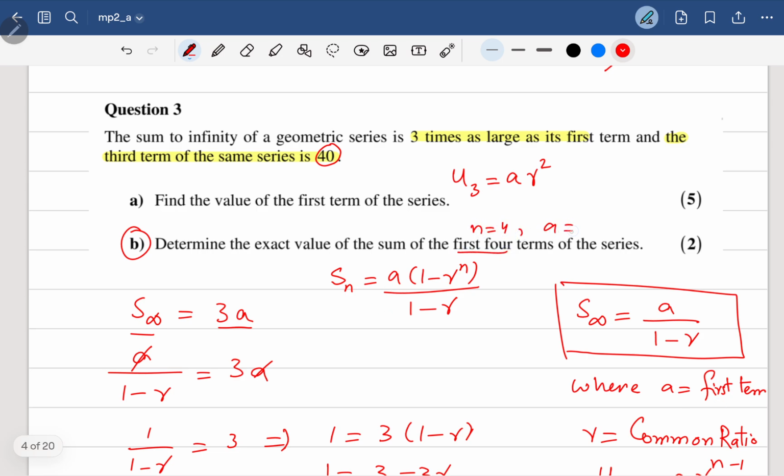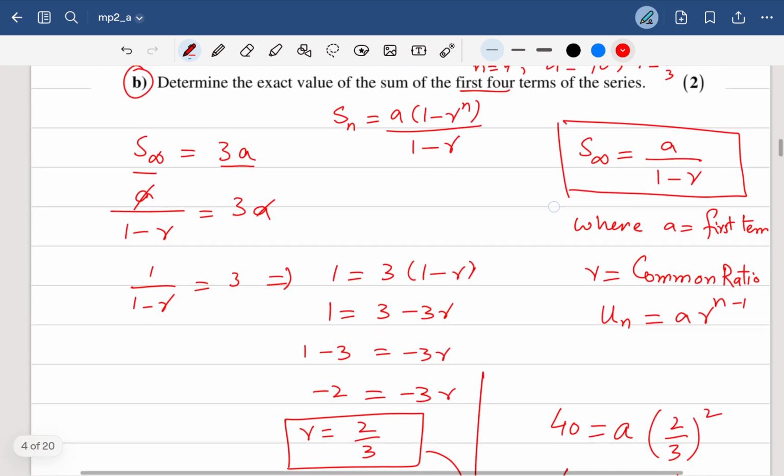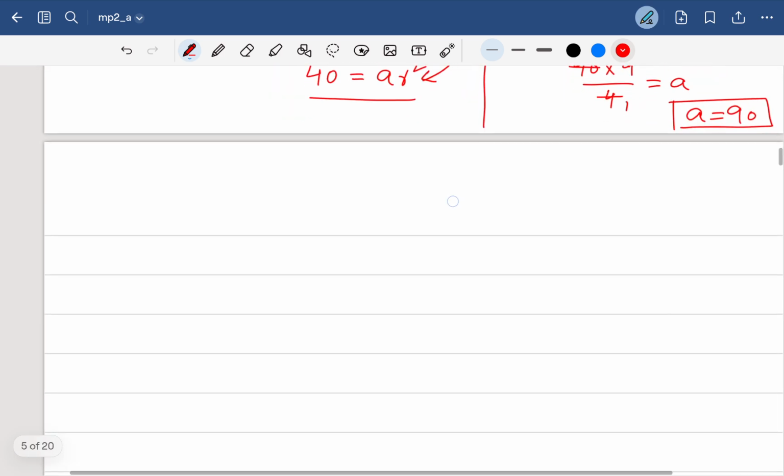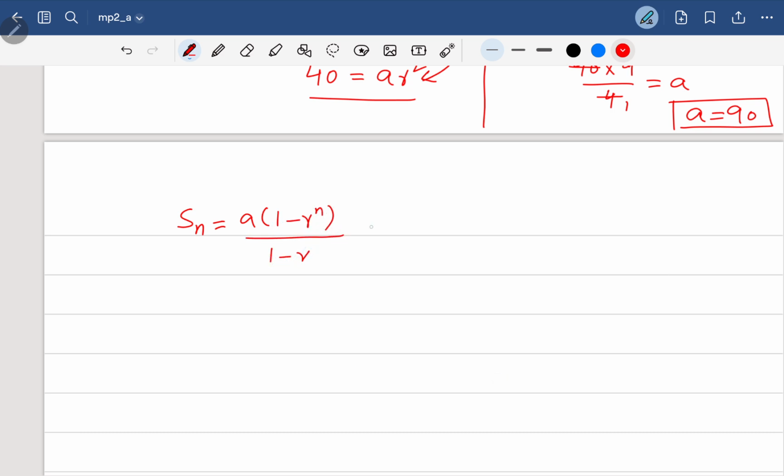We already worked out a in the previous part, which is 90, and r we also worked out in part A, which is 2 over 3. So we have to sub these values into the formula to get the sum of the first 4 terms. So Sn should be a times 1 minus r to the power n over 1 minus r.